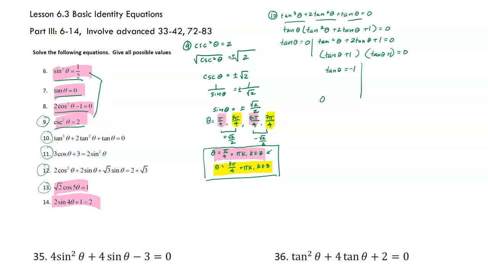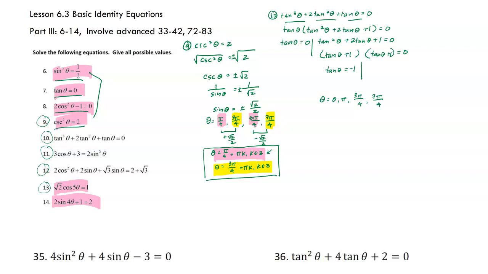So if I look at what theta could be, for tangent theta equals 0, theta could be 0 radians, pi. And then when I apply it to the -1, what it could be for -1, it could be 3 pi over 4 and 7 pi over 4.